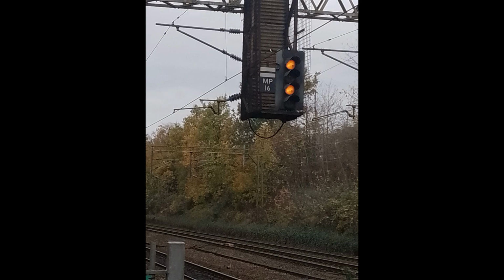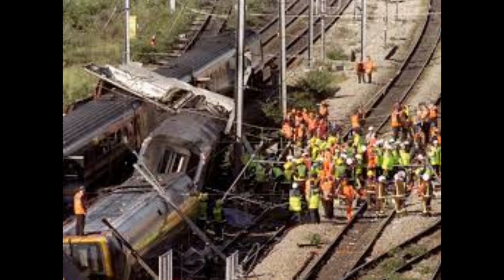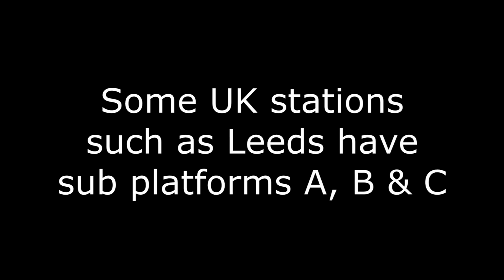Normally with train signalling, we only want one train on any one piece of track at any one time. It sounds obvious, but sometimes, such as in stations, we might want to allow two trains into the same platform. If you think of some of the larger stations, you get platforms that split.